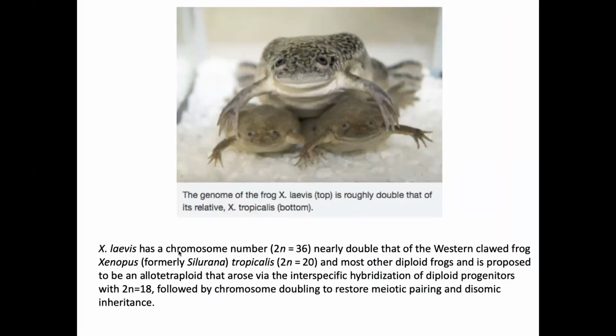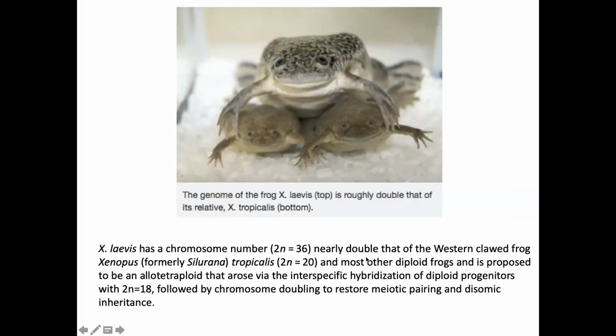So this is what they figured out: Xenopus laevis has a 2n of 36, and the still living related species, Xenopus tropicalis, has a 2n of 20. And the extinct species has a 2n of 18.